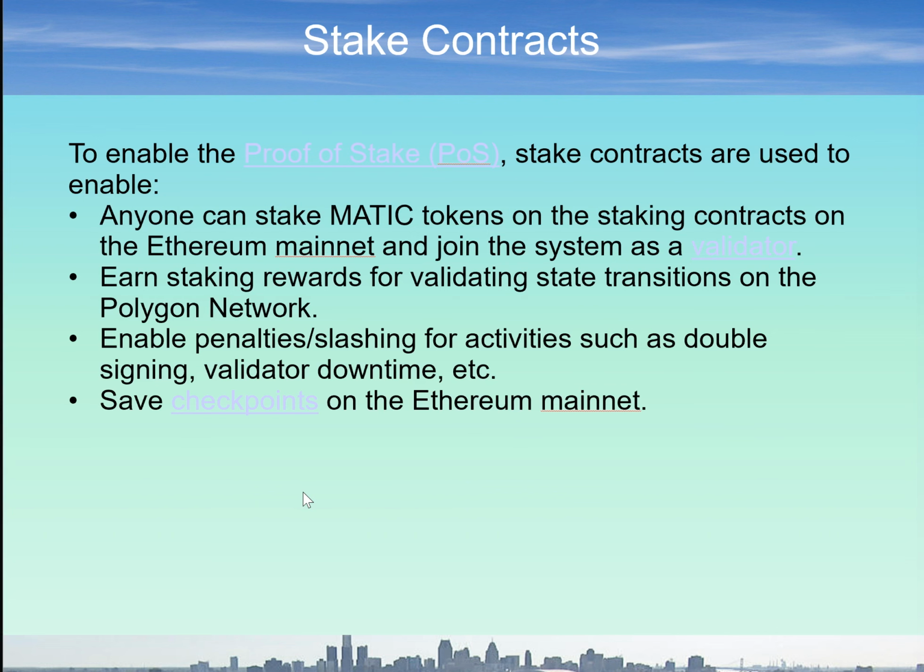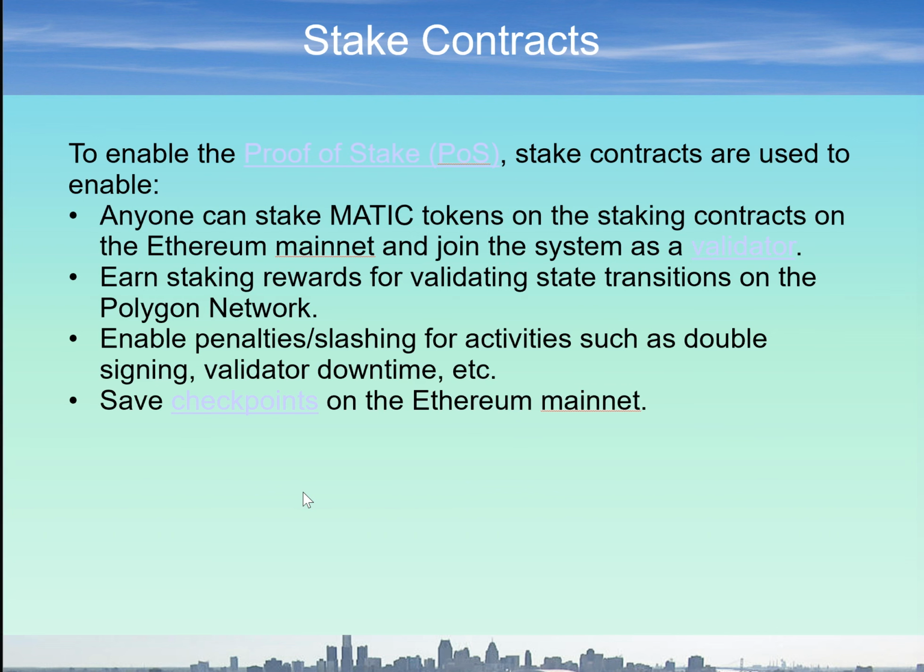But in the meanwhile, you are subject to penalty and slashing of the tokens you stake, because if you do something like double signing or have validator downtime of your machine, then you're going to be penalized, and some of the Matic is going to be taken away from your account.